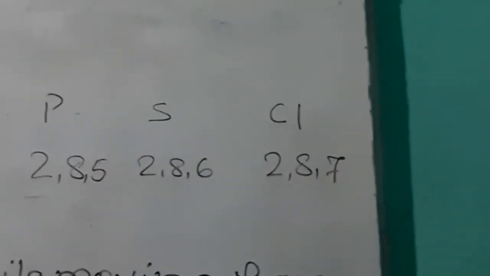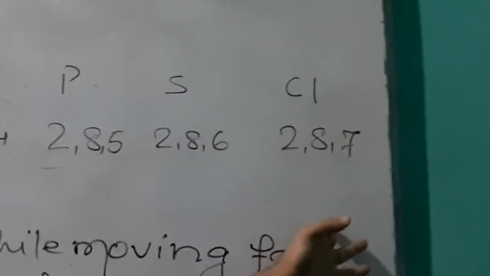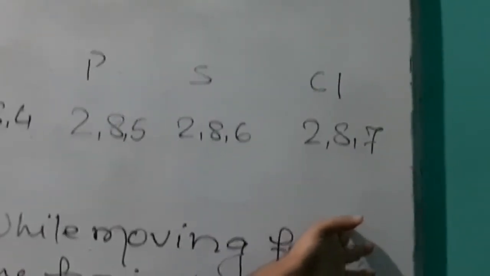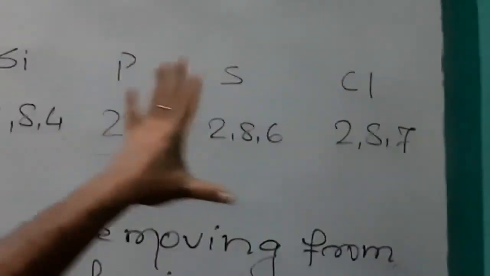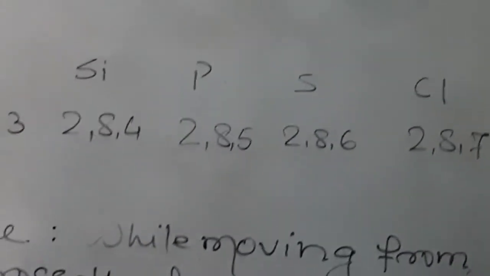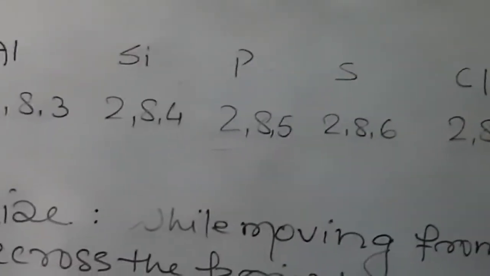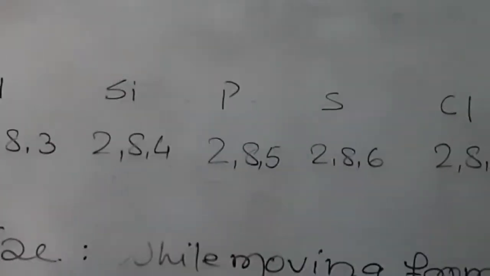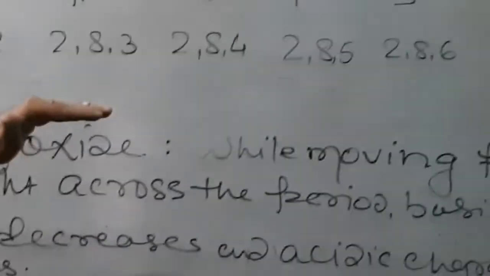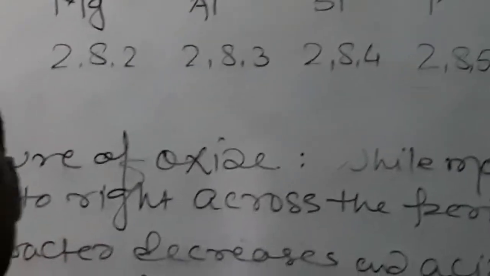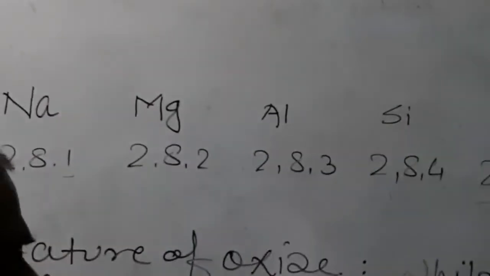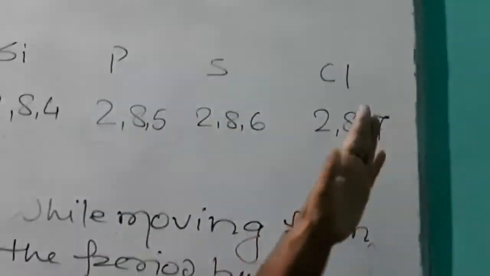Now chlorine is the smallest in size along this period, as I mentioned yesterday. In any period, the first group atom is larger in size, and the 17th group element is the smallest.